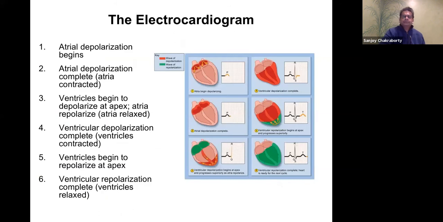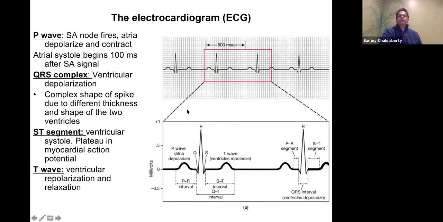Now, these are basically the same electrical signals explaining how the blood is moving. So the blood is moving with the electrical signal, and the electrical signal can be noted by graph paper. We can discuss that right from here.